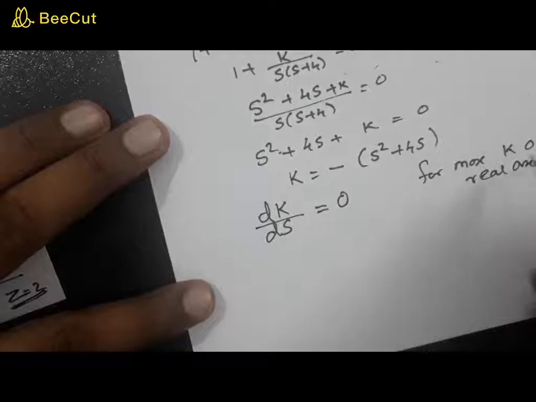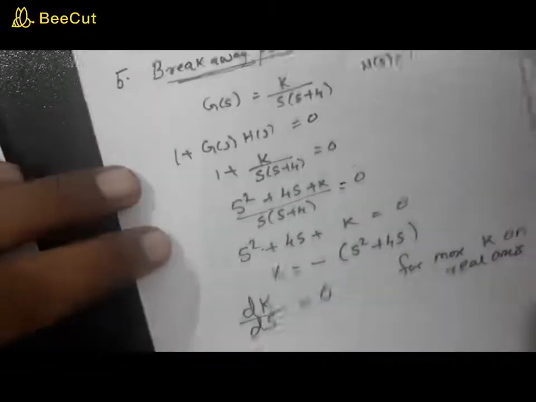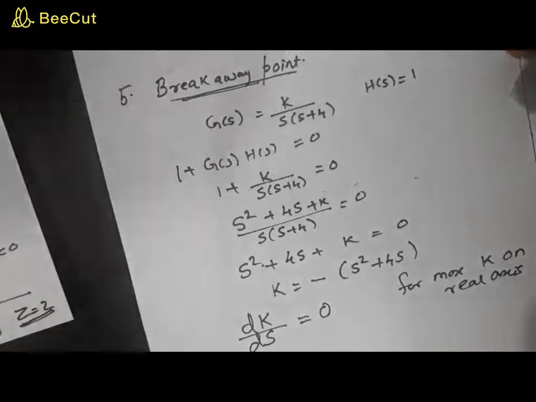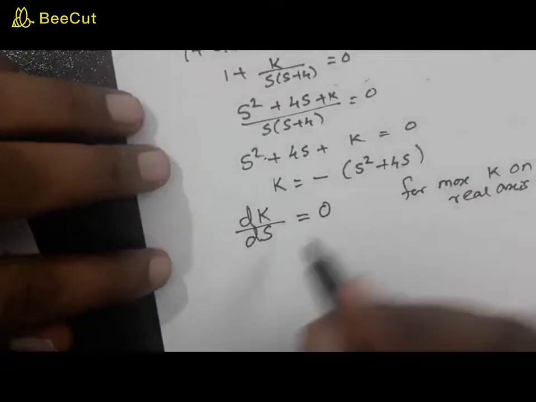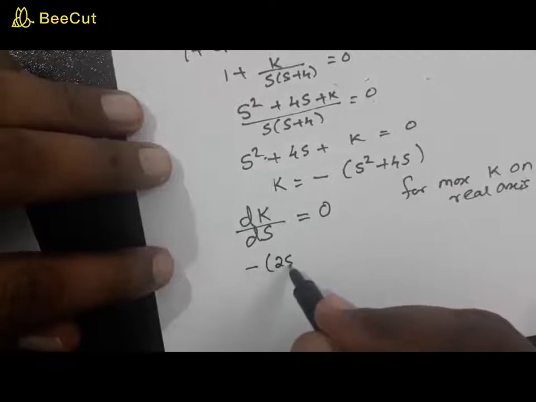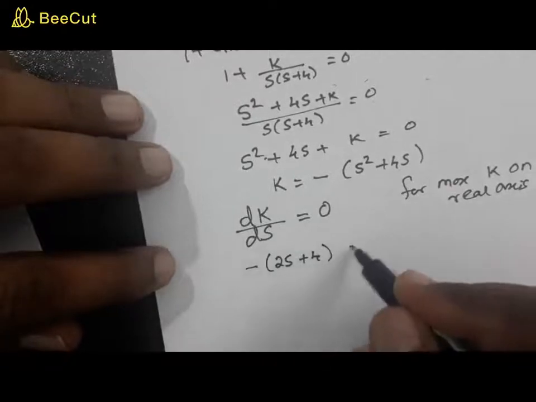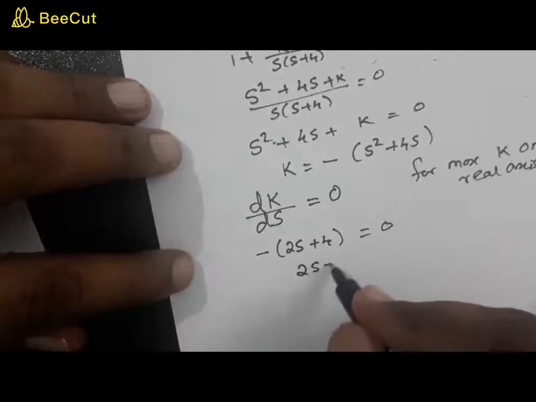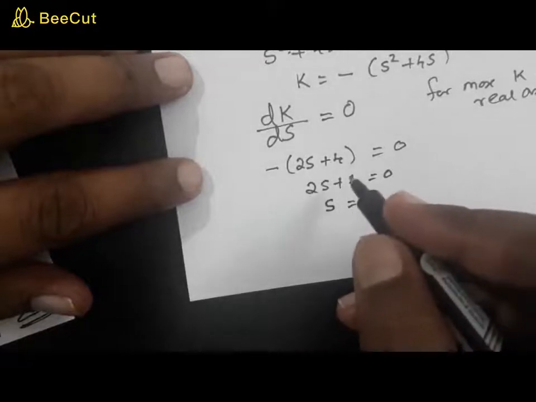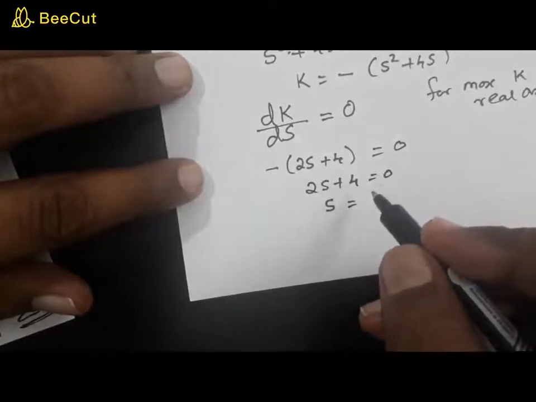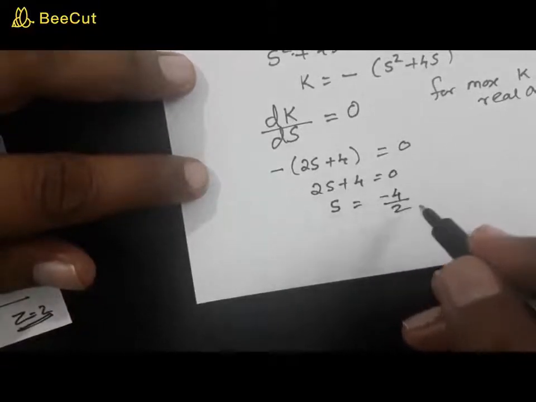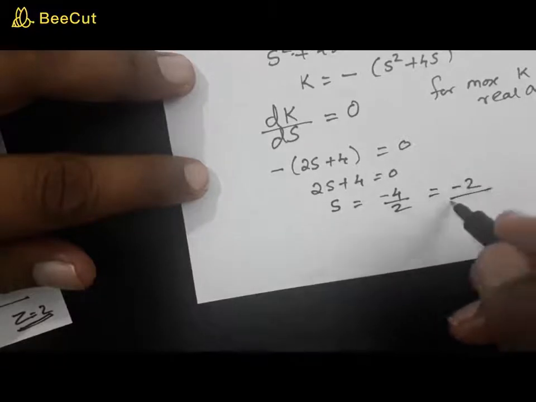Beyond that, if k goes higher, then it will not stay on the real axis; it goes into the imaginary side, right? So dk by ds equals 0. When you differentiate this, you get minus of 2s plus 4 equals 0, or 2s plus 4 equals 0, or 2s equals minus 4, so s equals minus 4 by 2, or minus 2, right?